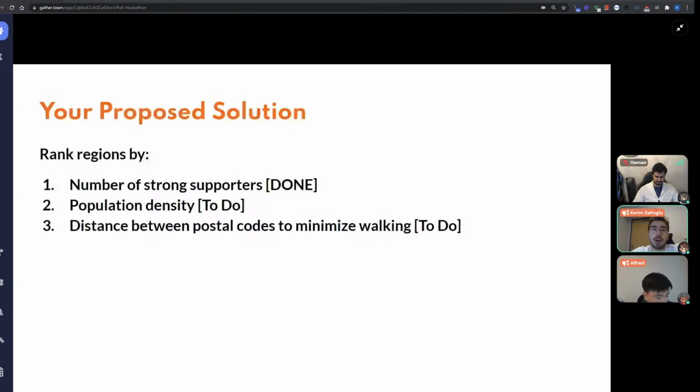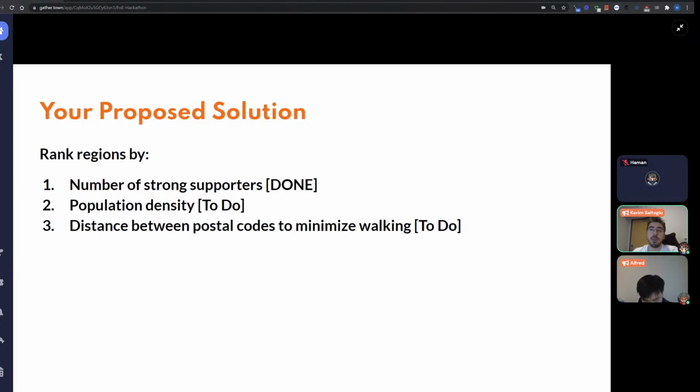So our proposed solution was, first, we just sorted the regions by the strong supporters, because we thought that was the most reasonable thing to do, and Josh also helped us out. Second, in the future, we also want to map the population density and distance.